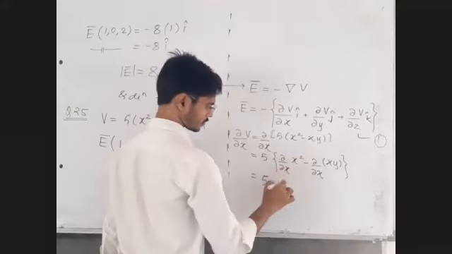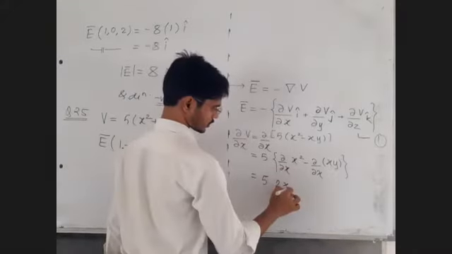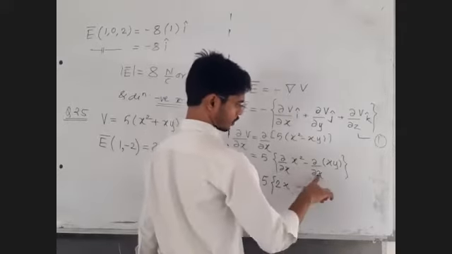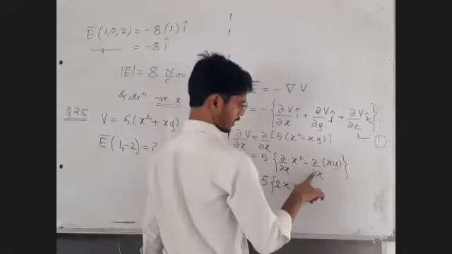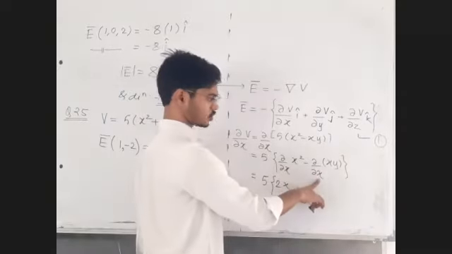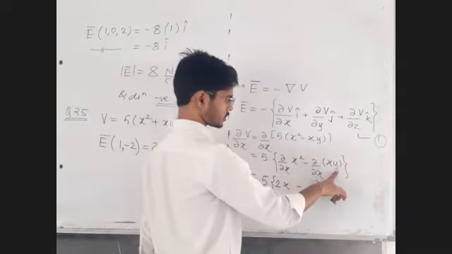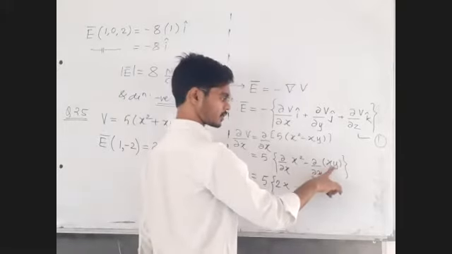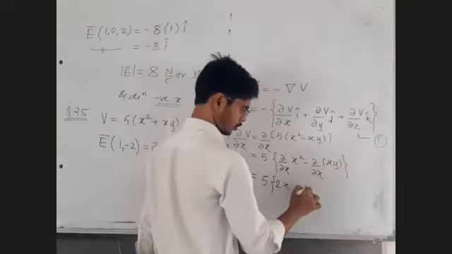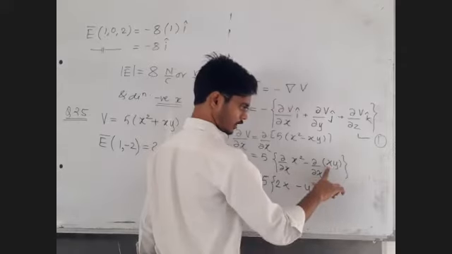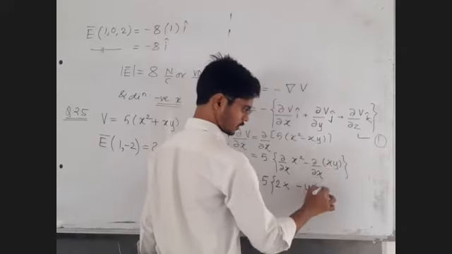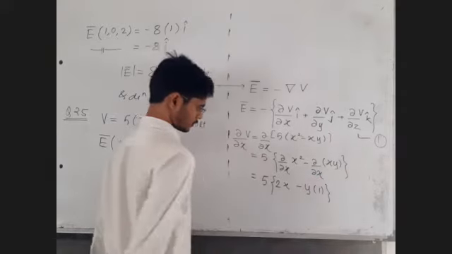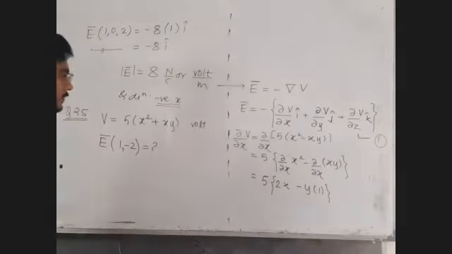Derivative of x square with respect to x is 2x, plus, put the bracket, dou by dou x of xy. In partial derivative with respect to x, y is treated as a constant. Constant y multiplied by variable x, so the constant can be taken out. Derivative of x with respect to x is 1. That's it.